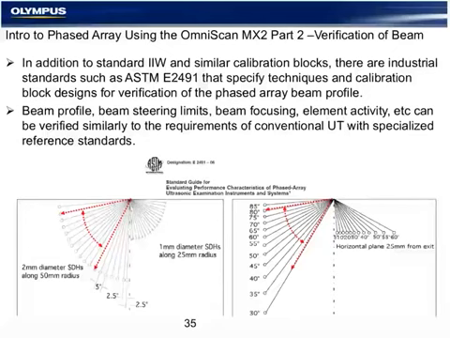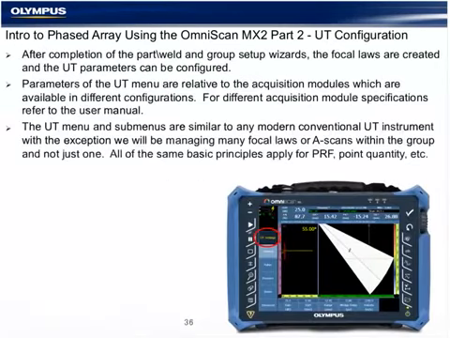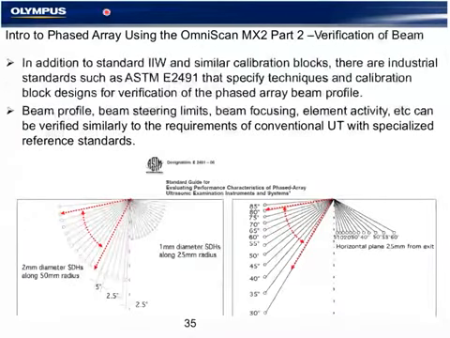And again, use of standard procedures like the 2491 that allows a series of common calibration blocks to define the angle limits of any given scan plan is another way that some customers require those beam parameters to be verified. So we're going to transition back to the instrument again and complete our setup.